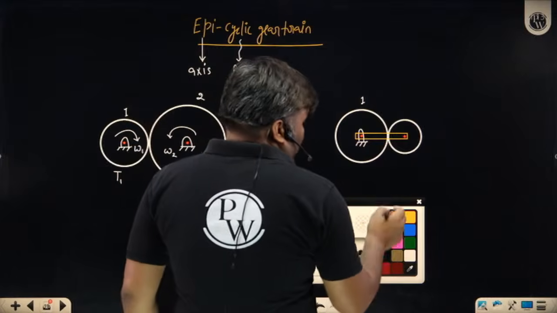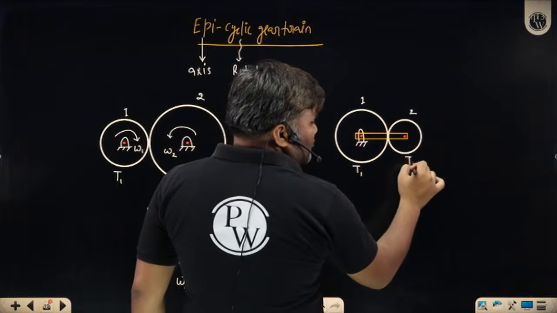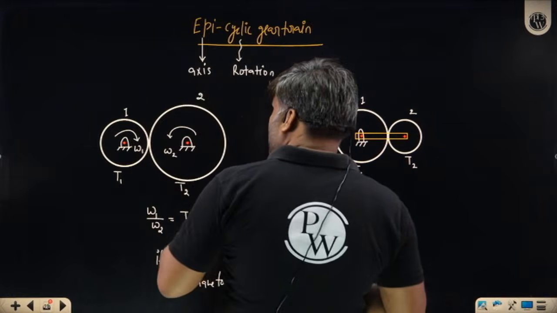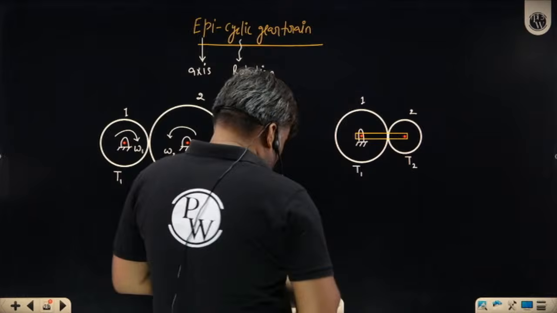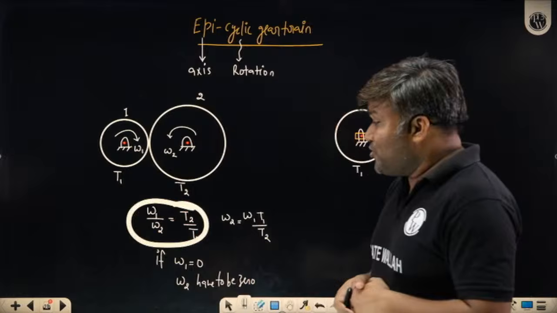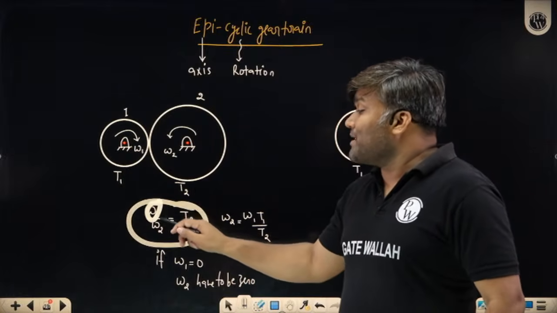Okay, the number of teeth on gear 1 and gear 2 are T1 and T2. Here I cannot use omega 1 by omega 2 as T2 by T1. Why? Because if you write this equation, omega 1 by omega 2 equals T2 by T1, it means if omega 1 is 0, omega 2 has to be 0.